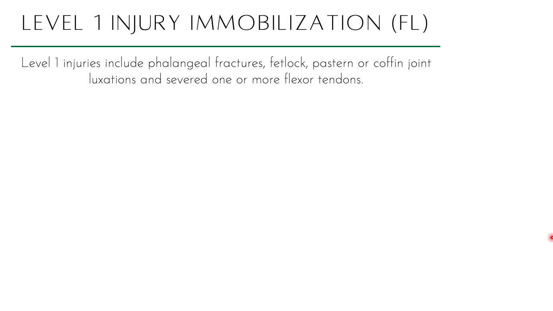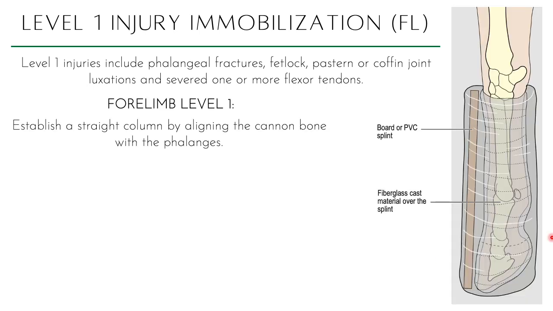Okay, so how do we place it? So imagine this is the limb, right? We are looking at, I believe, either a lateral or medial view of it. All right, so you have to align the cannon bone with the phalanges. Okay, usually this one would be angled this way, like that.